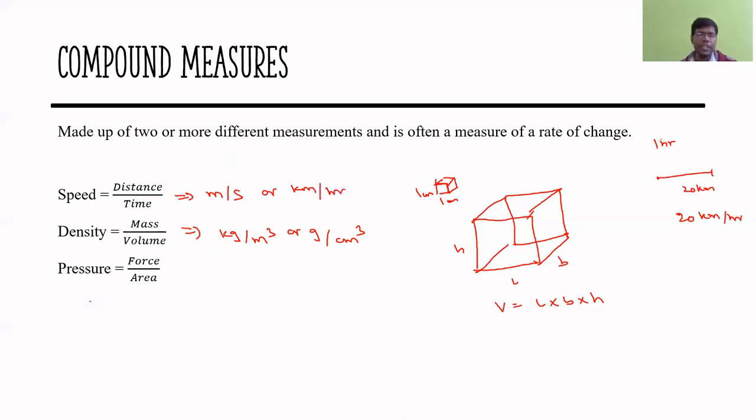And the next one is pressure. Pressure is nothing but force divided by area. Let me take this example. Now I have a pen in my hand. If I put some force on my hand with the help of this pen, it pains.